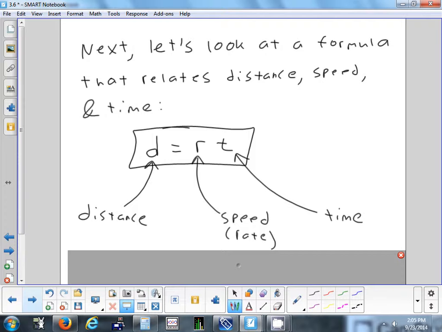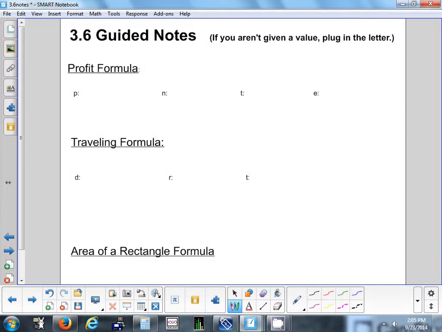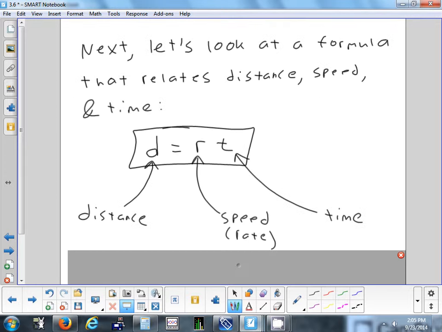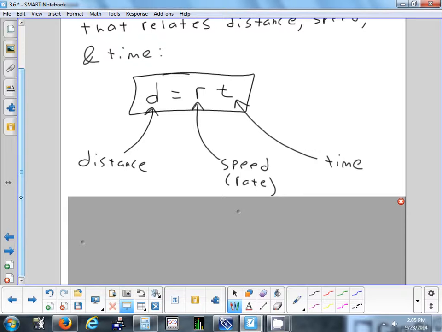On that sheet that Mr. Roy gave you, you probably want to fill in what D stands for, what R stands for, and what T stands for. Each time I give you a problem like this, I'm going to give you 2 out of 3 of these variables.